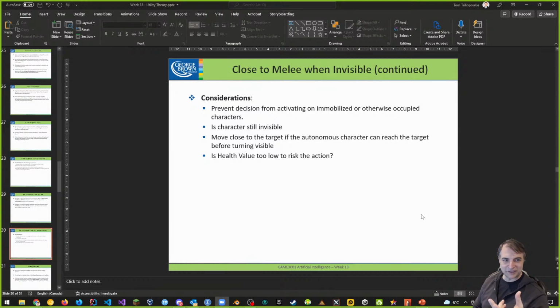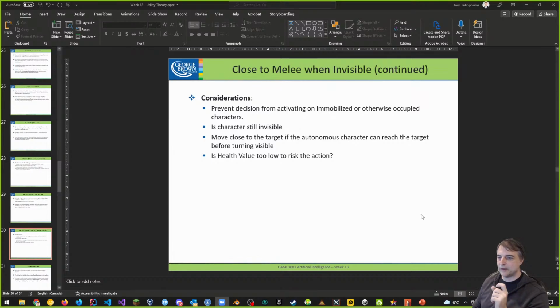Is the character still invisible? Am I invisible or not? Have I been detected? If I've been detected, then I can't really use this action. And move close to the target if the autonomous character can reach the target before turning visible. So what if I only have a limited duration for my invisibility?